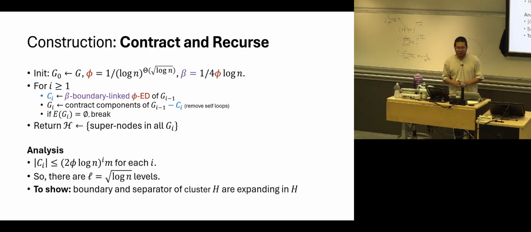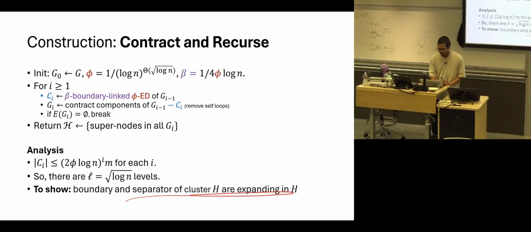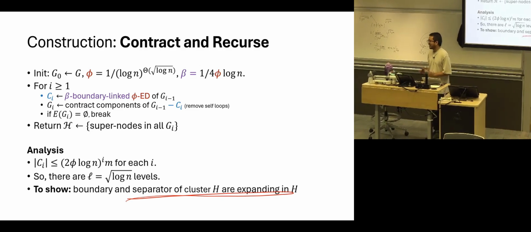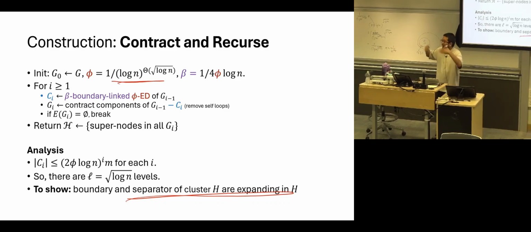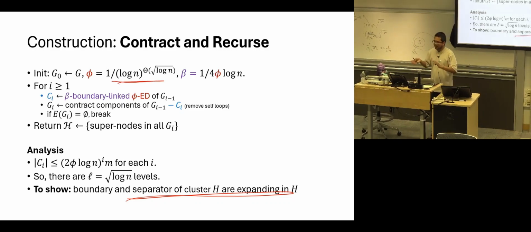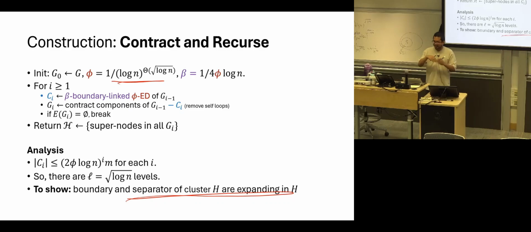However, the quality here is not good. So the reason to set phi to be this big is to control the number of levels to be significantly less than log n. And you see in the analysis here that we need the number of levels L to be much smaller than just log n. Good question.